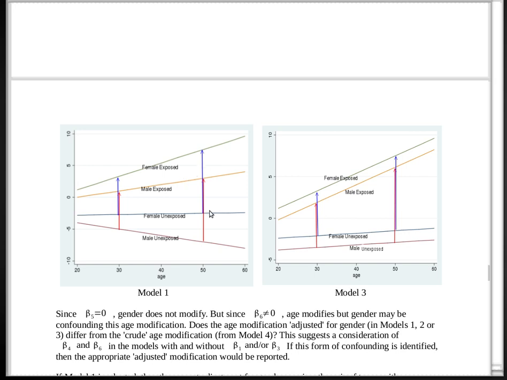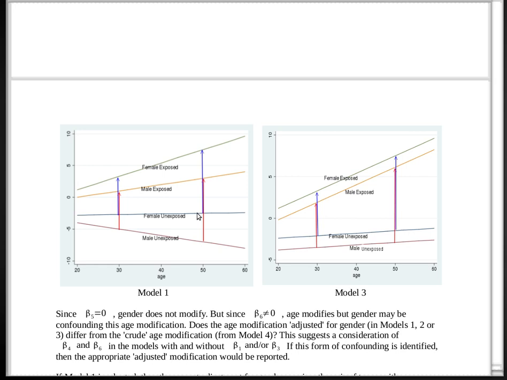And one way to look at this is to just see that I could superimpose this pattern, this green and blue, by merely shifting the orange and the yellow so that it matches, so that if the orange line matches the green line, then that will mean that the red line matches the blue line. Okay? It's a little bit elaborate, but it's not out of the question. It is a possible scenario. It's a circumstance in which gender doesn't modify, but age modifies.